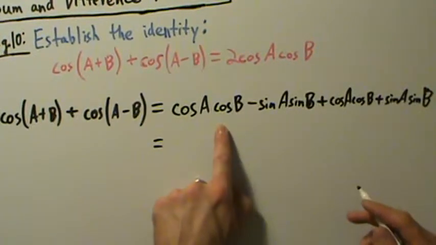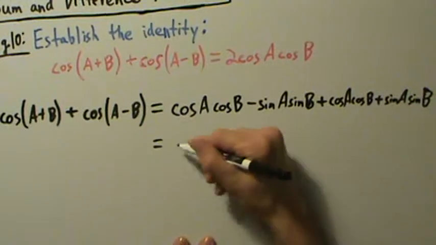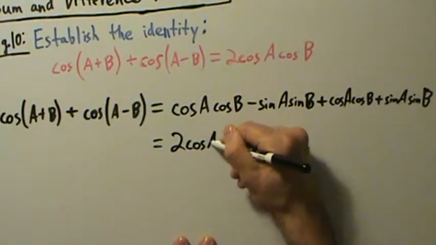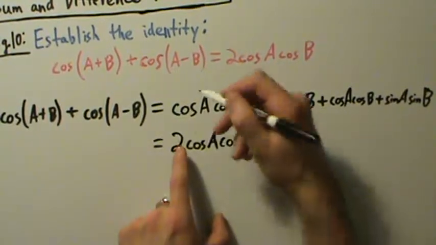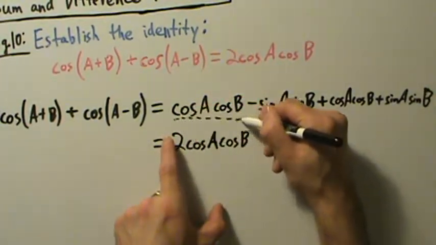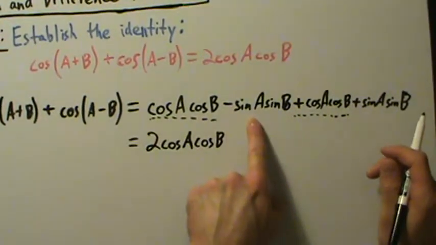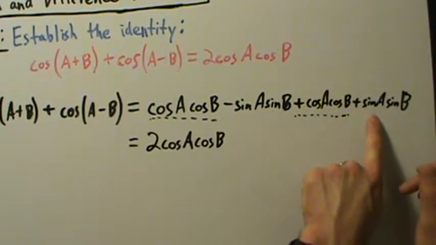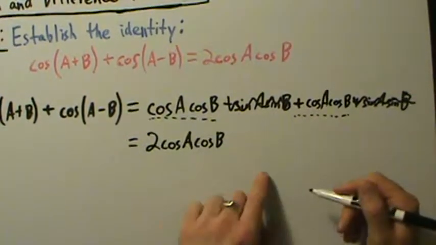So cosine A cosine B plus cosine A cosine B, so that's 2 cosine A cosine B. That takes care of this and this. So what's left? Minus sine A sine B plus sine A sine B. Actually these cancel, and we're just left with just this.